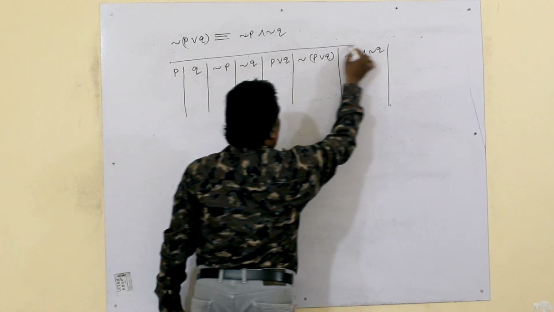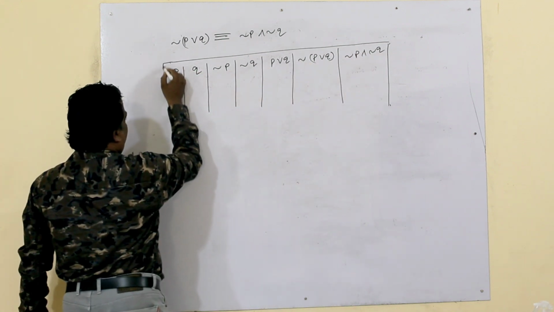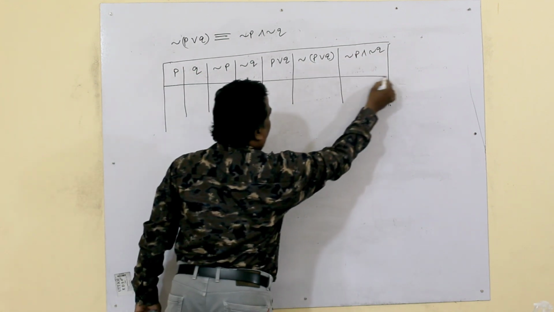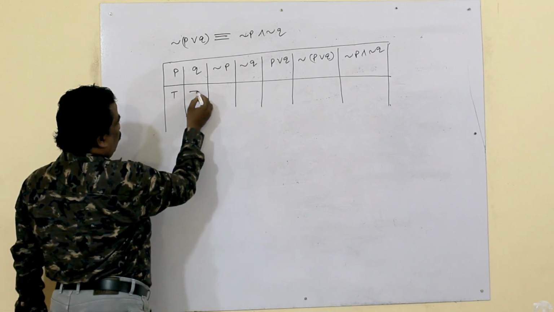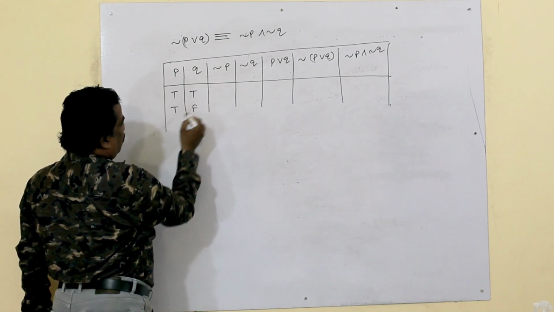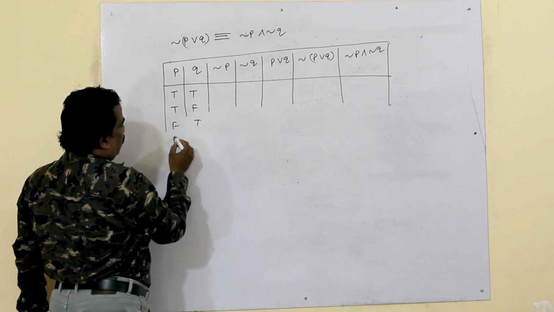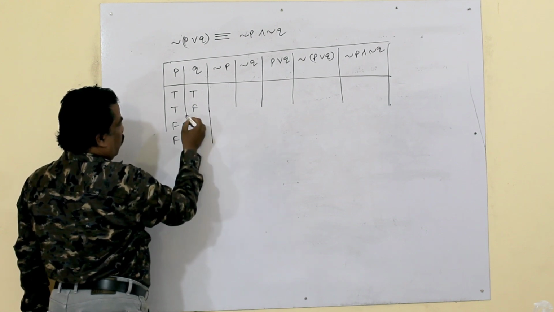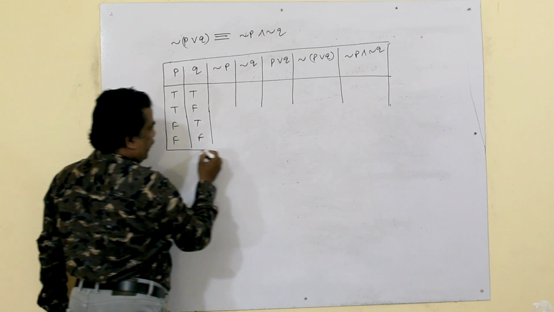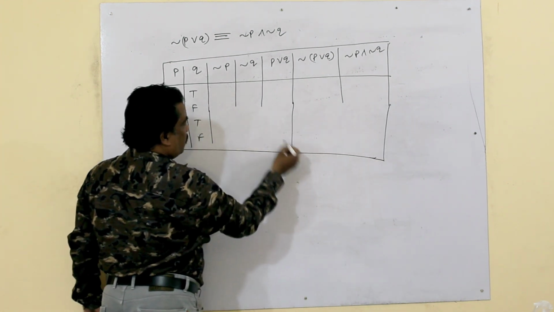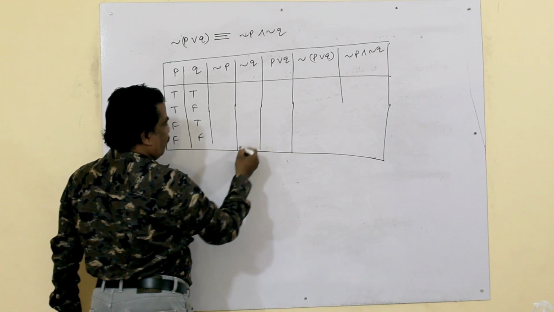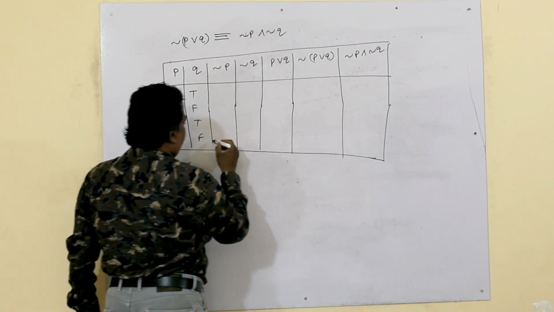Now we take the prime components, that is P and Q. The truth values of P and Q are true true, true false, false true, false false. If a statement has two values, either true or false, then two statements have four values.